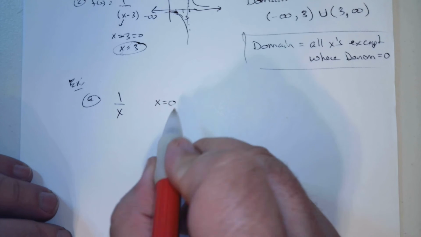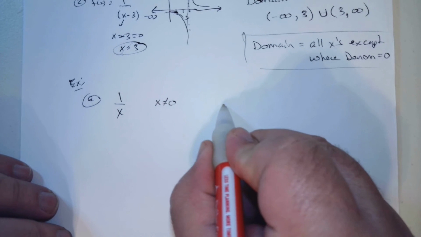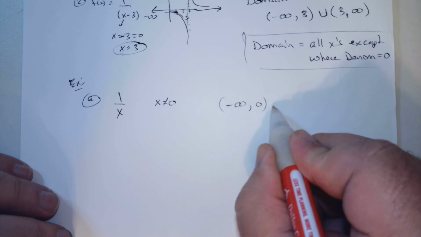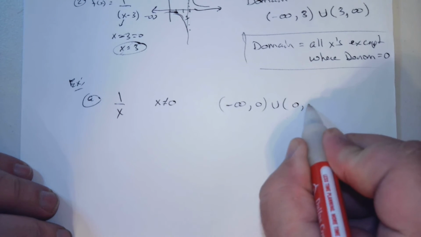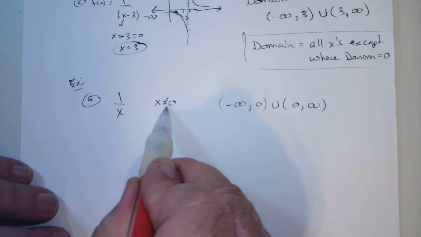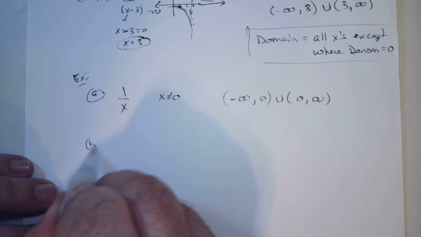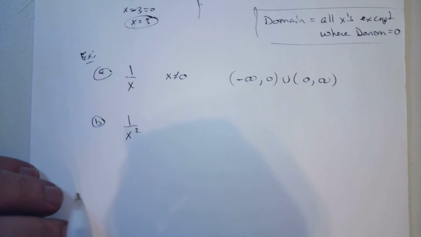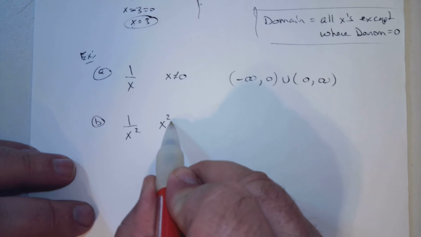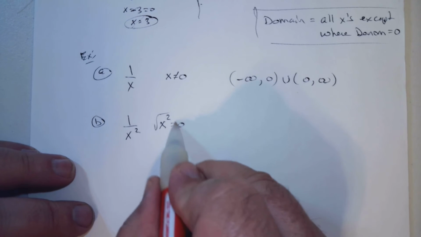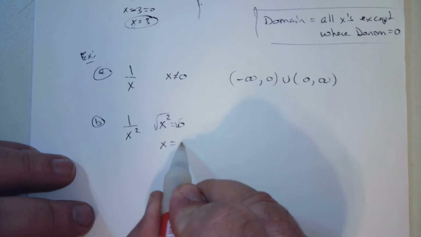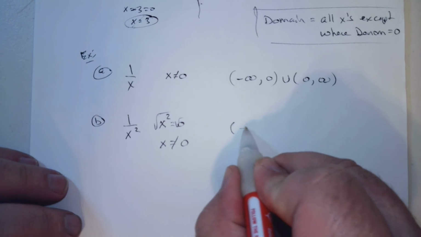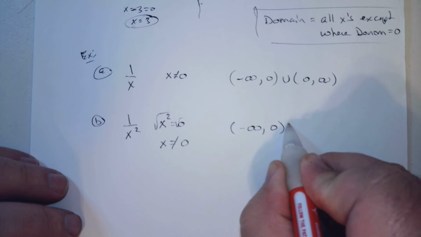Set the bottom equal to 0, so our domain is from negative infinity to 0, and 0 to positive infinity, because that's the only x I cannot use. Again, take the bottom, set it equal to 0, so x cannot be 0. It's also the same.